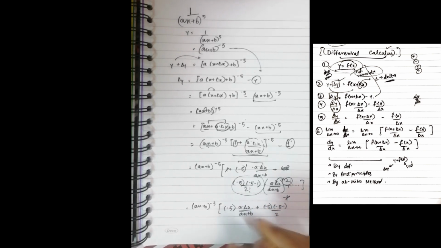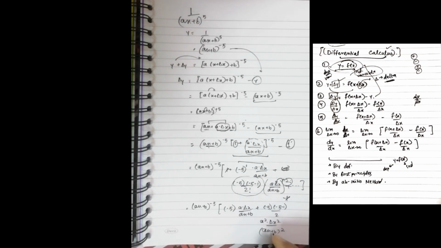Divide by 2. 2 factorial is actually equal to 2. And now what is remaining? a squared·delta x squared divided by (ax + b) whole square. Remember, I cannot put a square on these terms separately where there is a positive sign, which means they're being added.